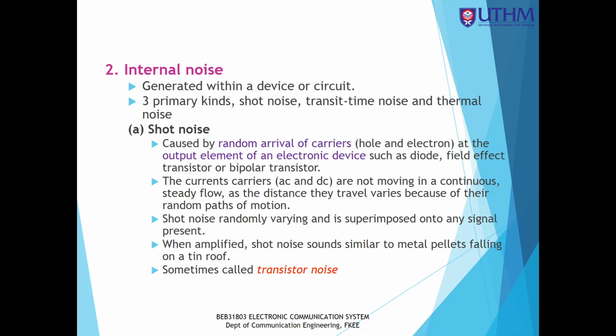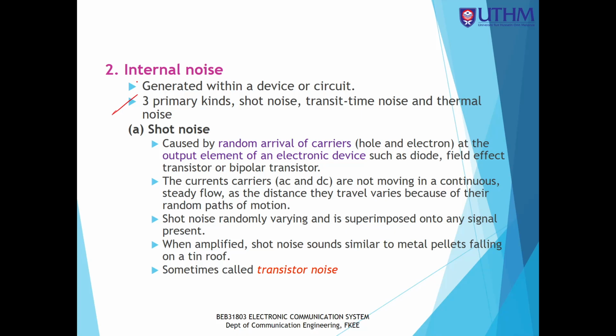Internal noise is the noise generated within the device or circuit. That means this noise is generated within the transmitter or within the receiver. There are three kinds of internal noise: shot noise, transit time noise, and thermal noise.